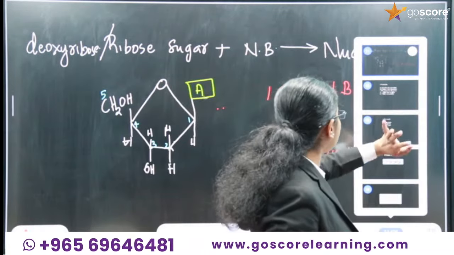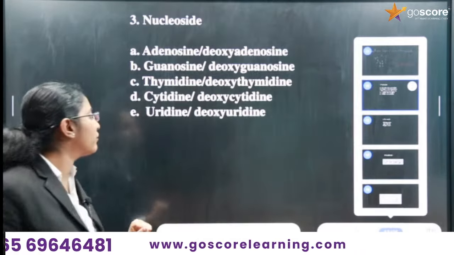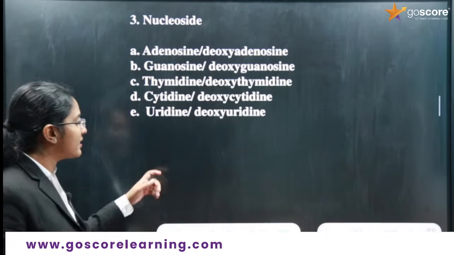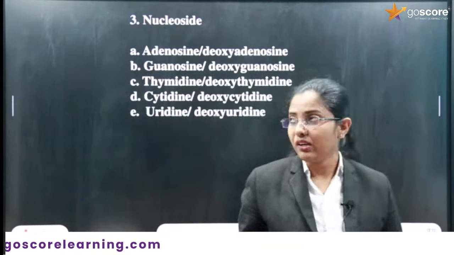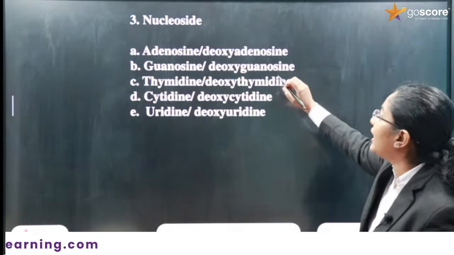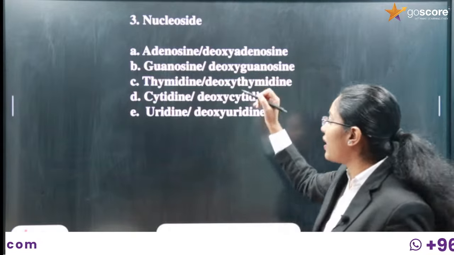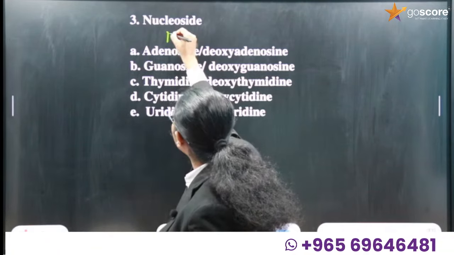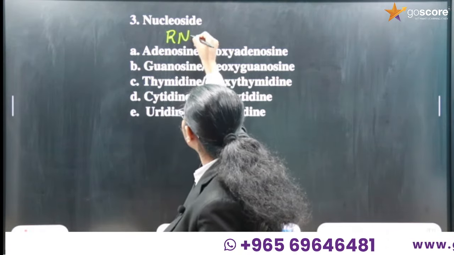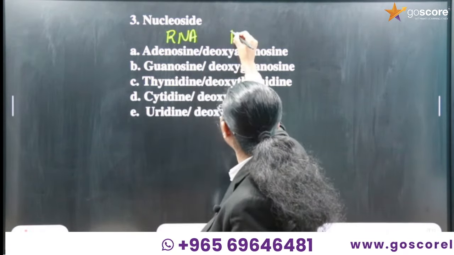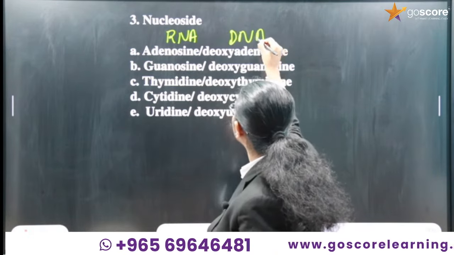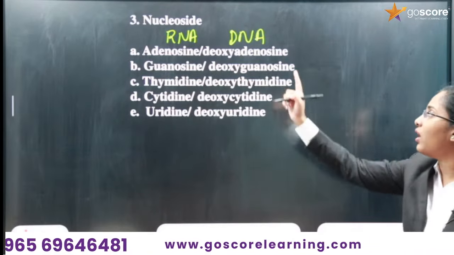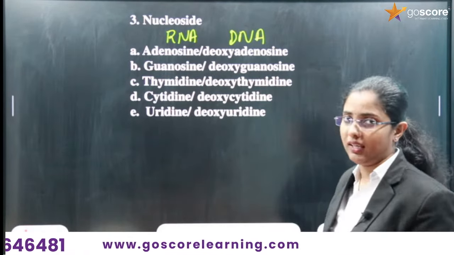I'll show the names of the nucleosides written here. If adenine is present as the nitrogen base, the nucleoside formed will be known as adenosine in case of RNA. So these are the components of RNA, and these are the components of DNA. Adenosine is present in RNA, deoxyadenosine is present in DNA.